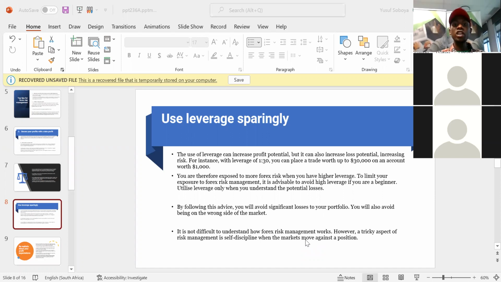Utilize leverage only when you understand the potential losses, right? By following this advice, you will avoid significant losses to your portfolio. You will also avoid being on the wrong side of the market. It is not difficult to understand how Forex risk management works. However, a tricky aspect of risk management is self-discipline when the market moves against your position.